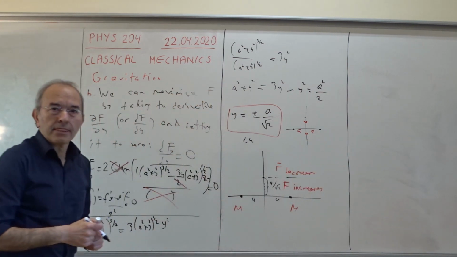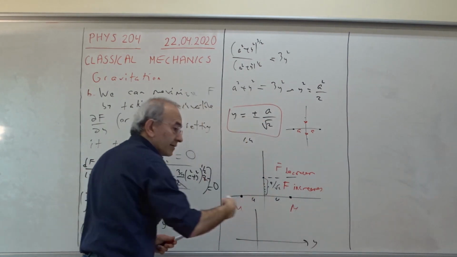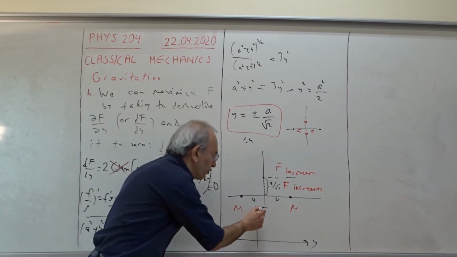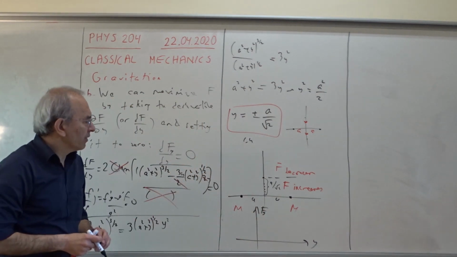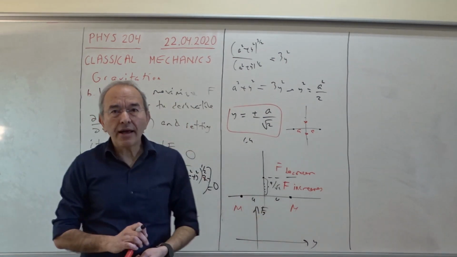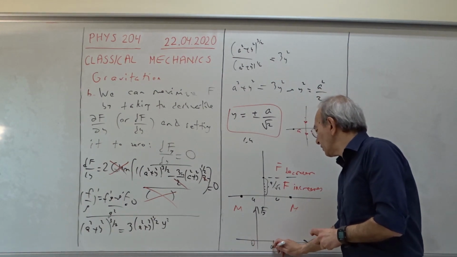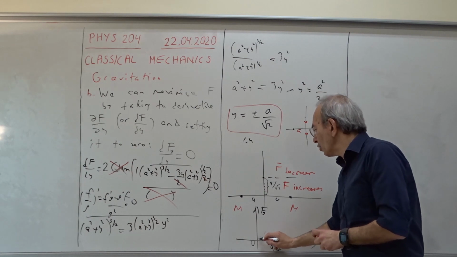Okay? So if you plot, for instance, this is the y-axis, and if you want to plot the force Fy, we talk about the vertical component because there is no horizontal one. This vertical component, starting from 0, until we arrive at the critical value of a over root 2, force is increasing, but we don't know how it does.